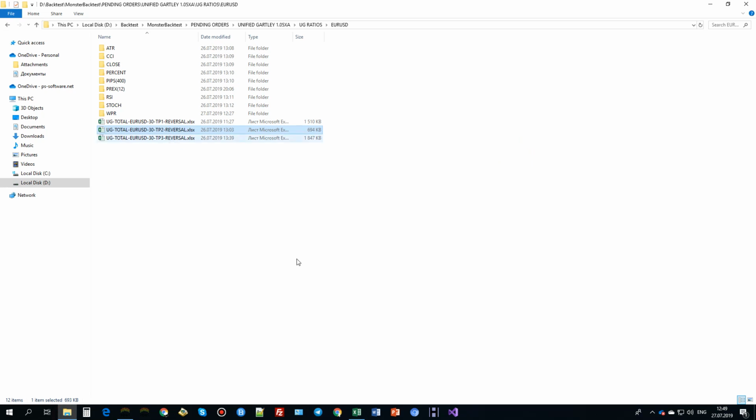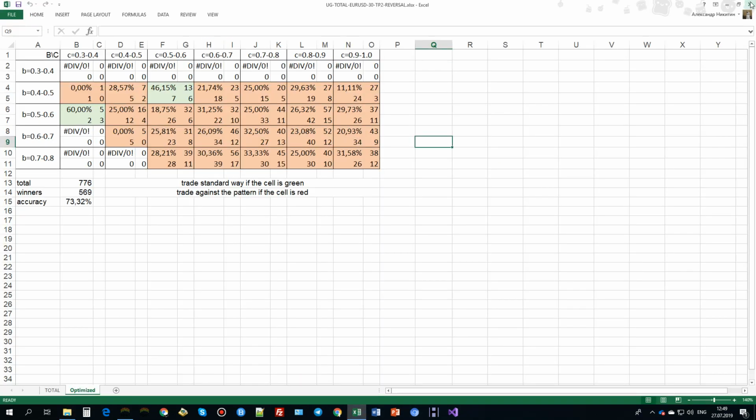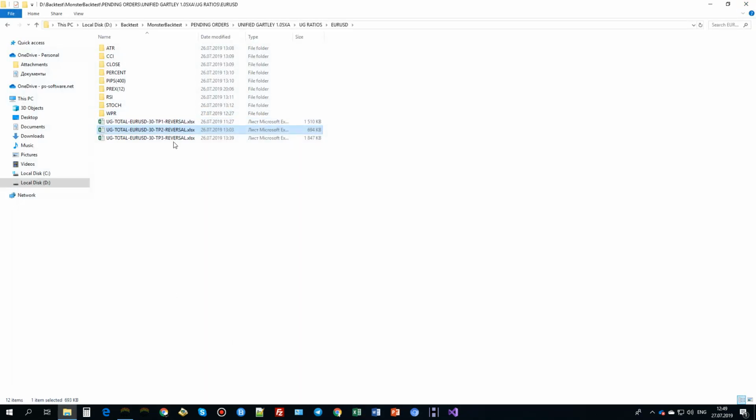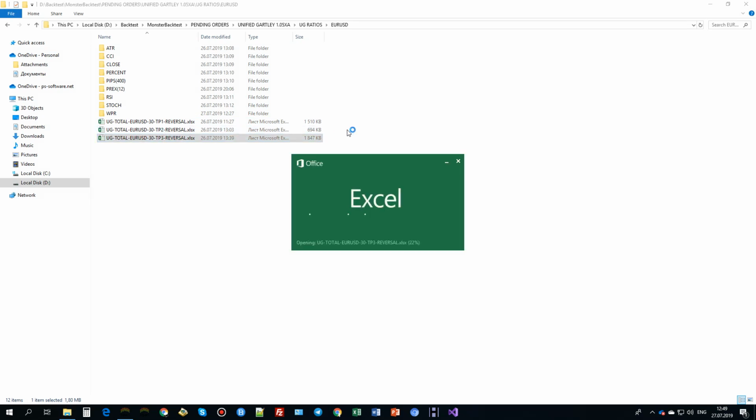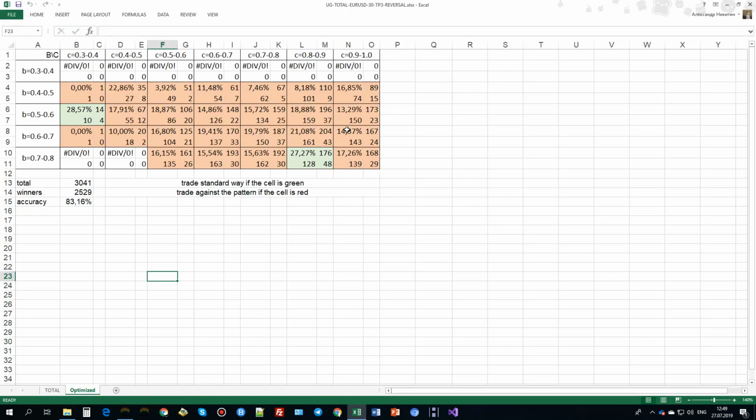And the last one is take profit 3, so I will close this one and I will go to take profit 3, and again it is very red. Only 2 pattern variations are showing some kind of positive expectancy, but on average you'd better trade it the inverse way.